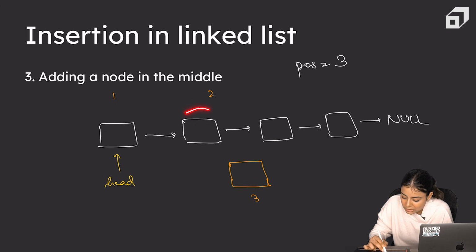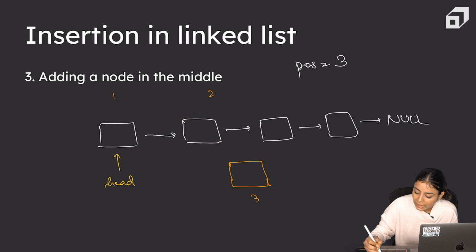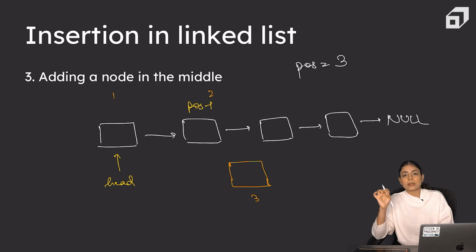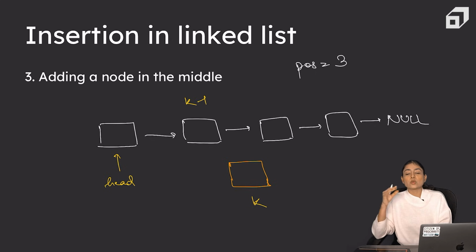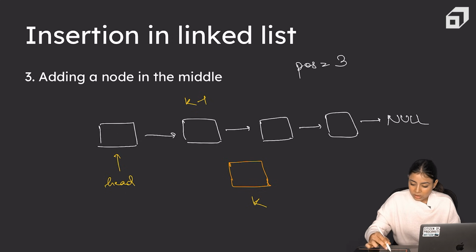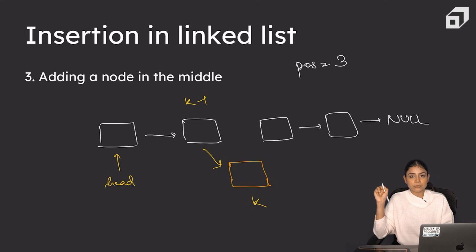So first of all I need access to this node, so that I can change its next, and this will be present at position k-1. If I want to add an element at some position k that is given to me, first of all I need to access the node that is at position k-1, so that I can change its next pointer to point to the new node.